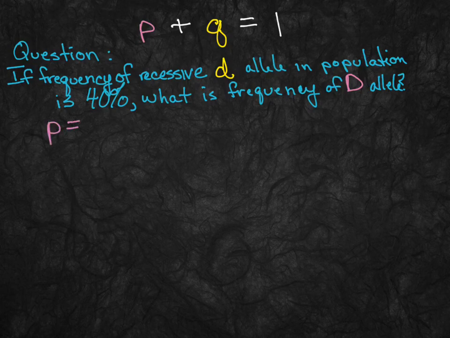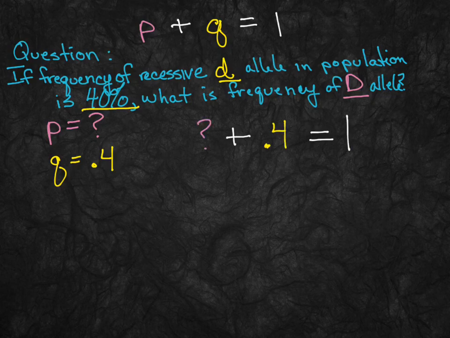All right, so P equals. Do we know what P equals? Do we know what that dominant D allele frequency is? We do not. Do we know what Q equals? That recessive D allele in the population? We do, because the problem said it's 40%. So we write 0.4, remember? 2 to the left.